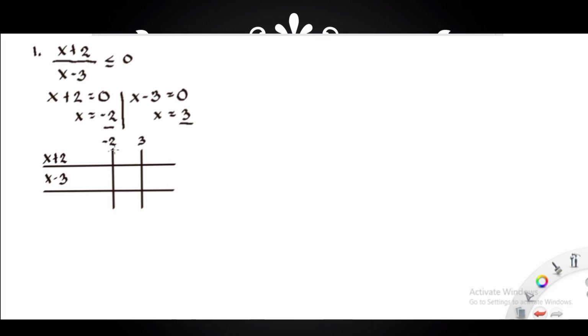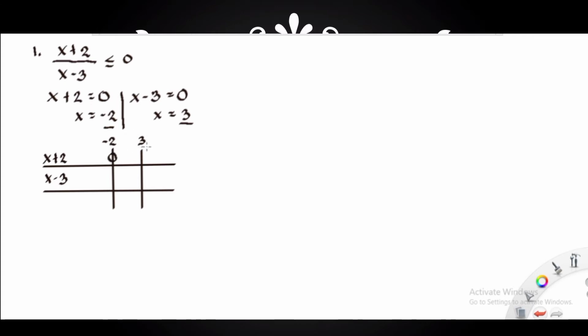So, saan natin pwedeng i-substitute ang negative 2 dito sa dalawang ito para ang makuhang sagot ay 0? And that is in x plus 2. Because if we have negative 2 here, so negative 2 plus 2, that will give us 0. So we are going to write 0 sa intersection ng negative 2 and x plus 2. And that is here.